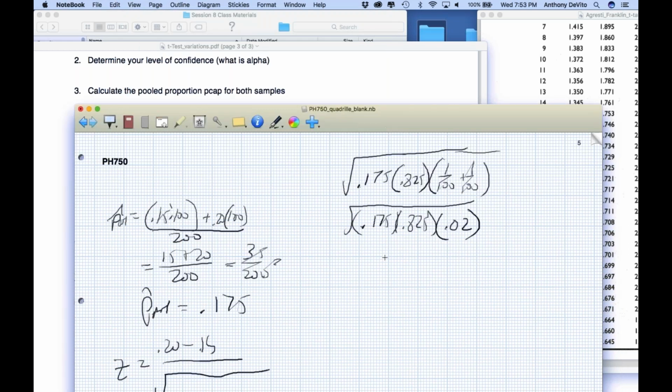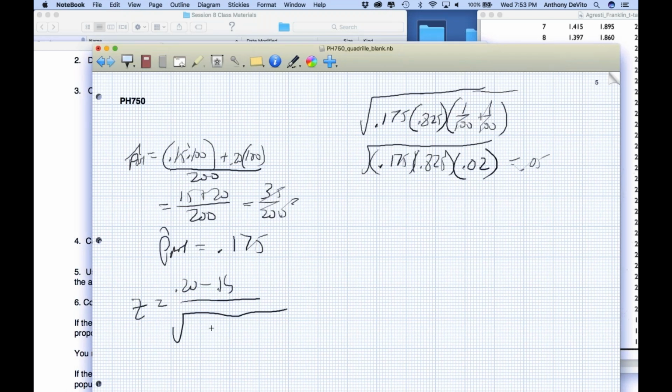So this whole thing on the bottom is equal to 0.05. Our z-score is 0.20 minus 0.15, which is 0.05, divided by my standard error, which is 0.05, which is equal to 1.